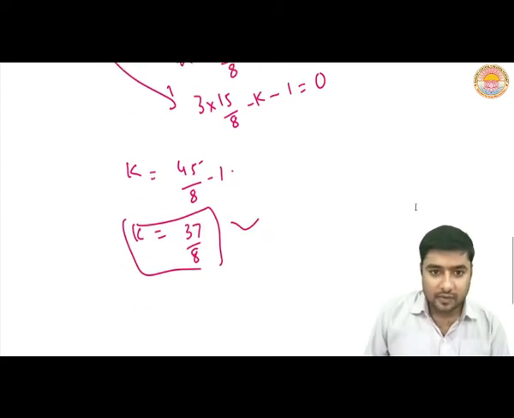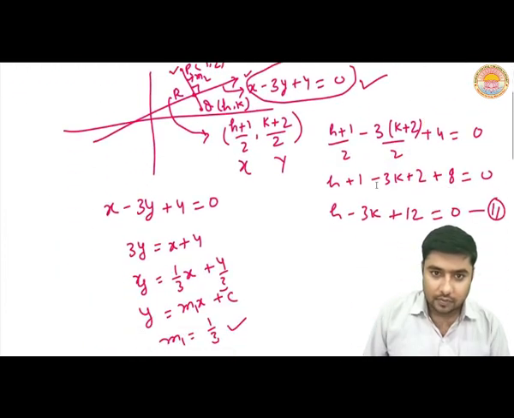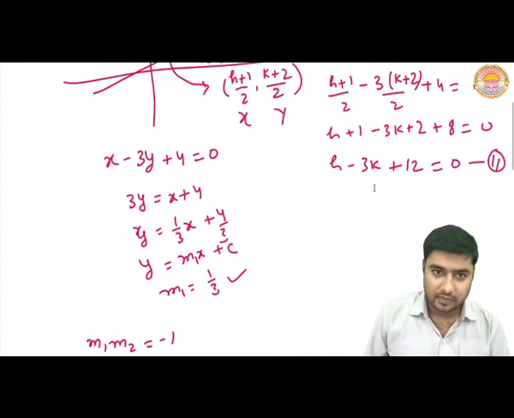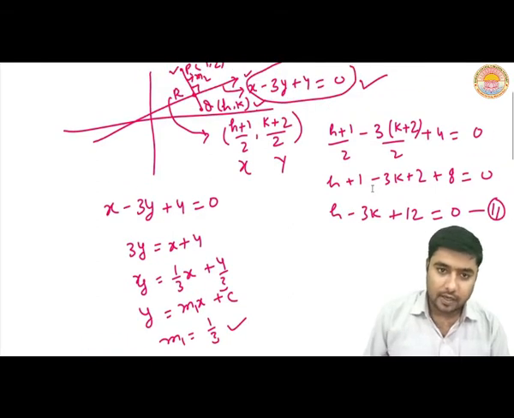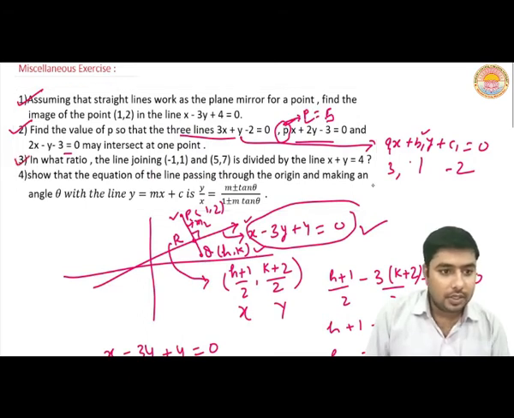The values of h and k give the point of image, that means Q, the point of image, and this is the answer of this question. Next question is the third question.